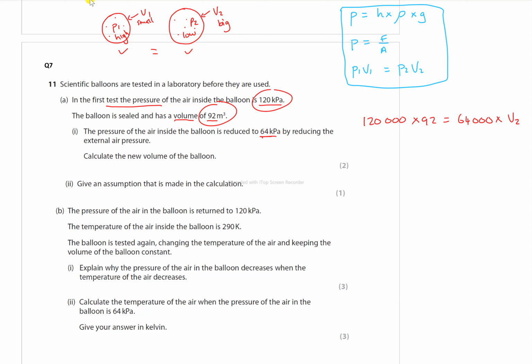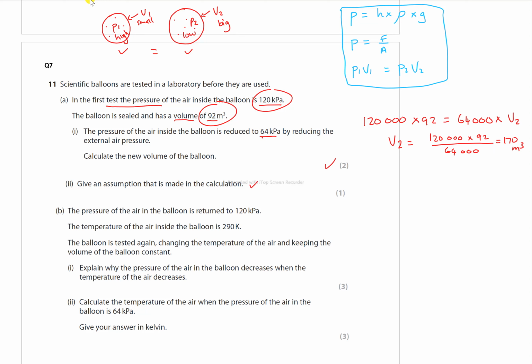Right, we've got that, so we can now say V2 equals 120 over, I'm assuming it's going to say meter cubed. So 120,000, we could have just used 120, divided by 64,000. And your answer comes out as 170 meters cubed. Right, that's that done.